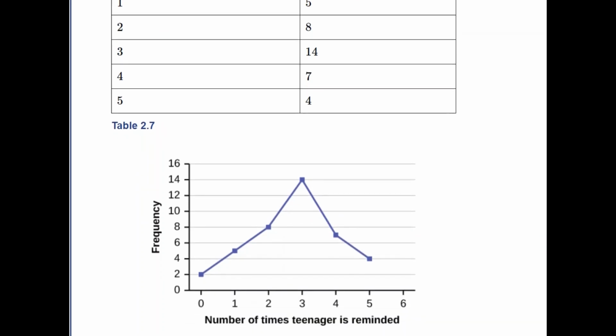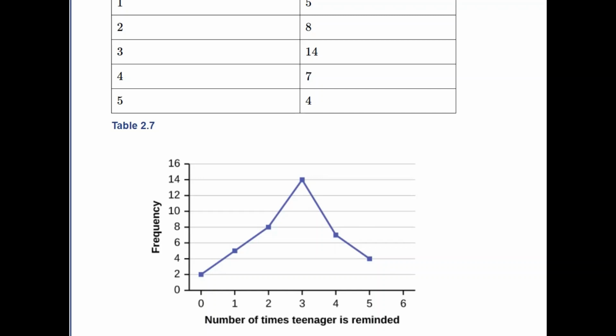So we connect 0 and 2, and we draw an imaginary vertical line at point 0, and an imaginary horizontal line at point 2, and their intersection will be the first point on the line graph that is shown as the square, and this means that this is connecting the point 0 with point 2.